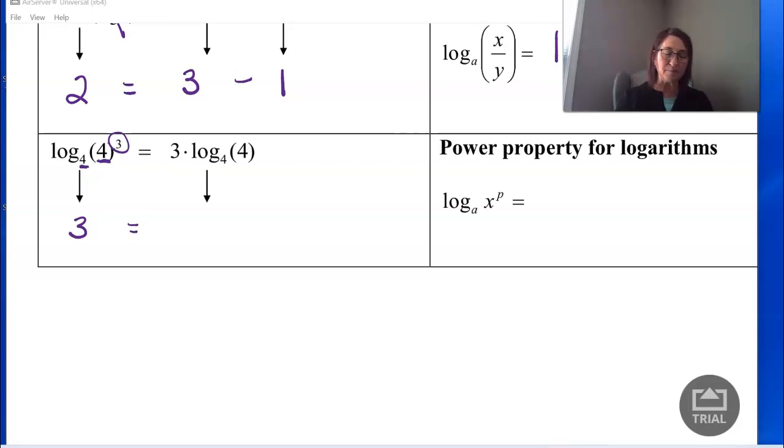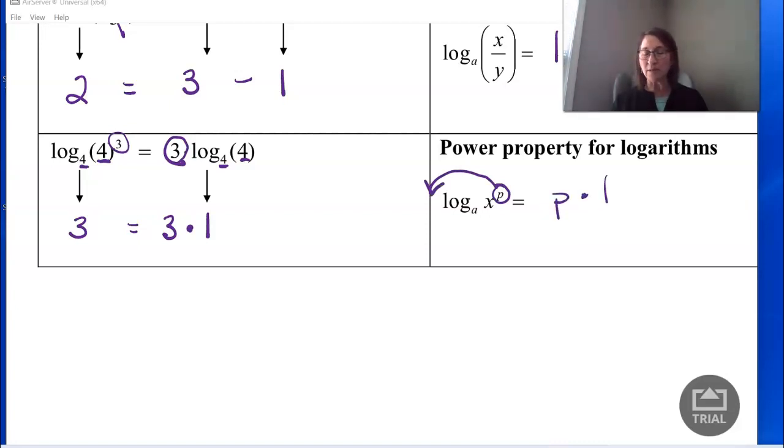Now, if I pull down this 3 and multiply it times log base 4 of 4, when my base and my argument are the same, that's equal to 1. Well, that's a true statement. 3 is equal to 3 times 1. So the way the power property works is you take this exponent and you put it in front. So it's going to be p times log base a of x.